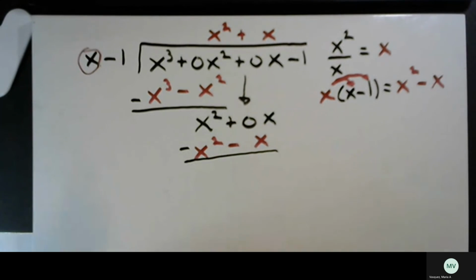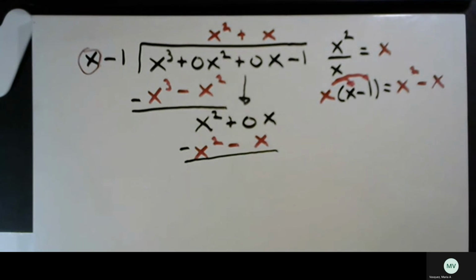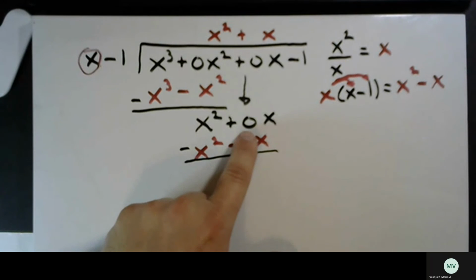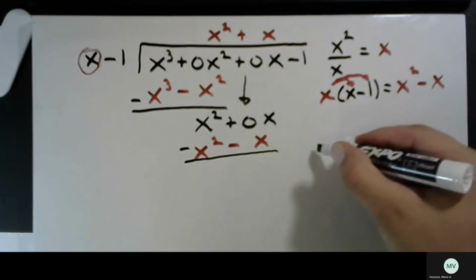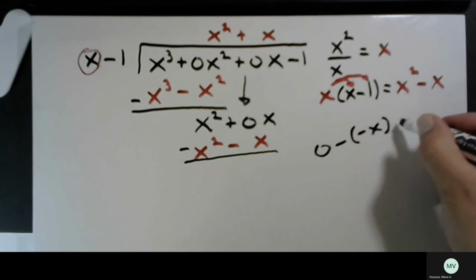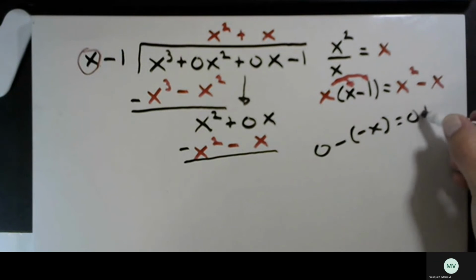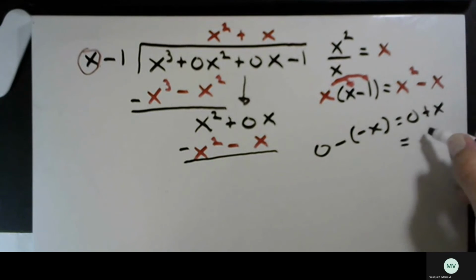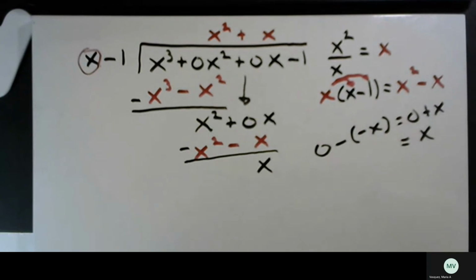And if we take a look at this, x squared minus x squared, well, that's going to be 0. And again, we've got a 0 minus a negative. Well, negative minus negative is positive. You get 0 plus x, or just x.